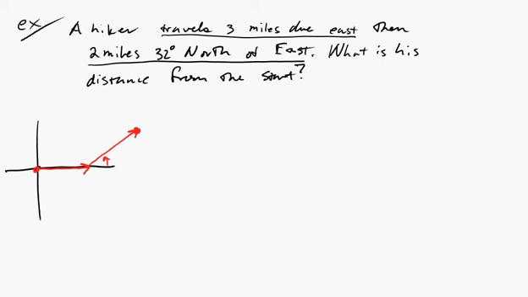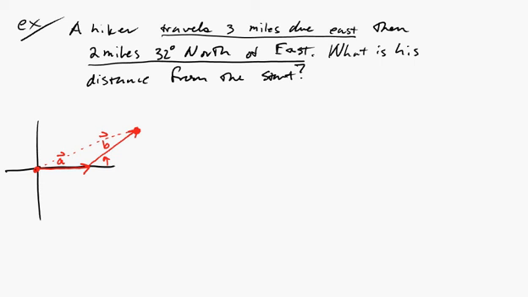So this is like vector A, and this is vector B. Now, to figure out the total length over here, what we're going to do is actually just add up the vectors and then figure out from our end vector, the end result, how far away they are.